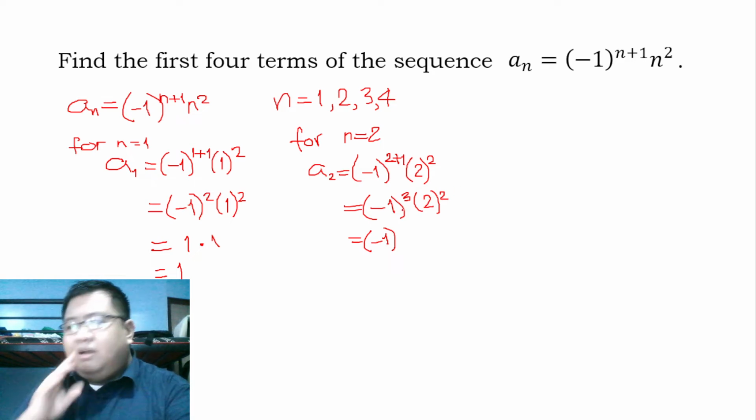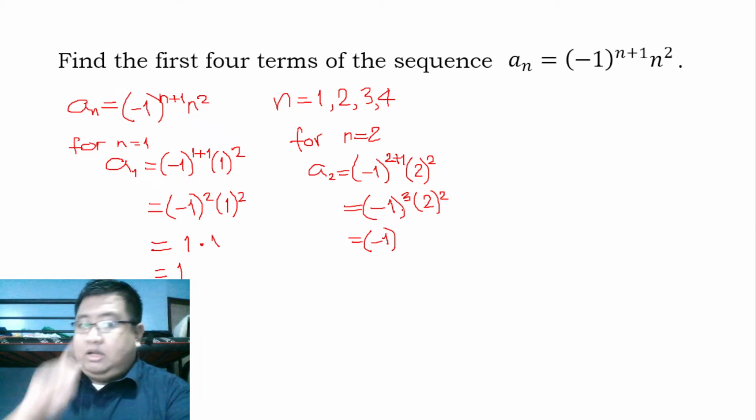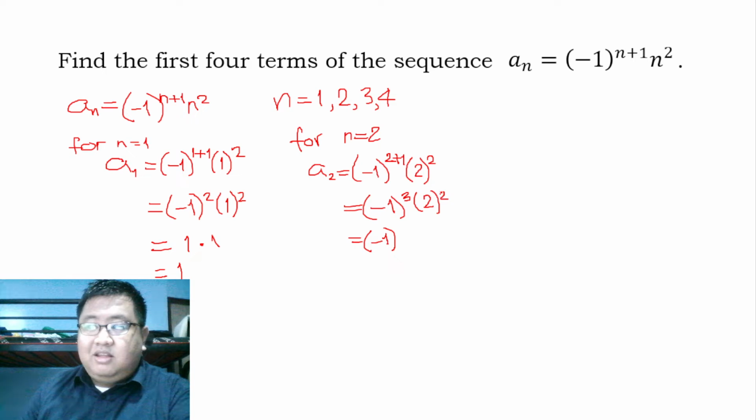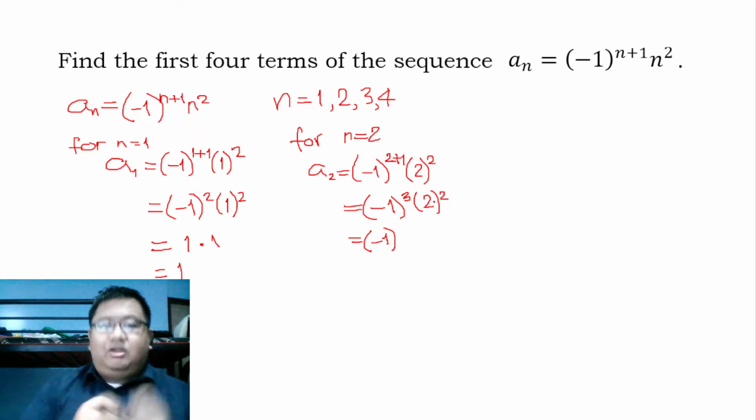Sir, kala ko ba hindi tayo magmumultiply by exponent? No. It just so happens that our given number is 2. And that we will be using this number 2 how many times? 2 times. So that's 2 times 2. 2 2's multiplied together.